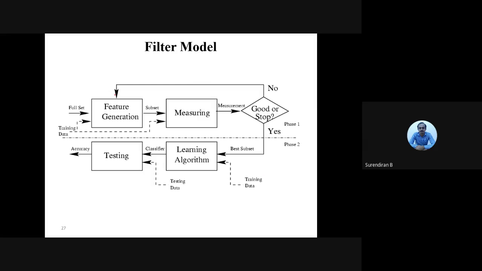In a filter-based method, we give all the features. Let us say we give 10 features and we select, say, 3 features. This is the output.